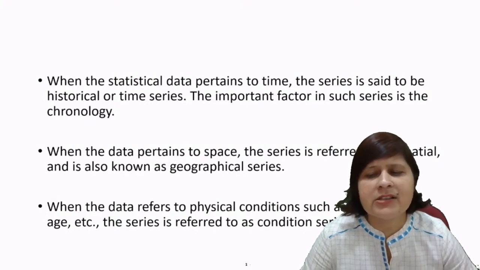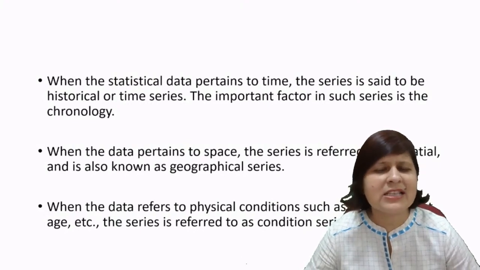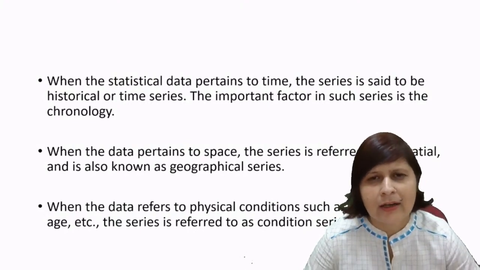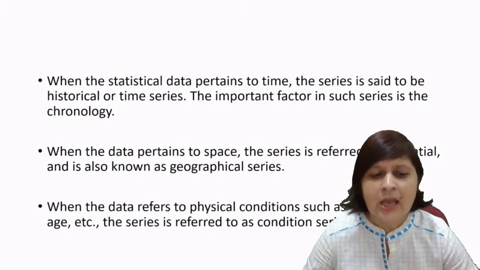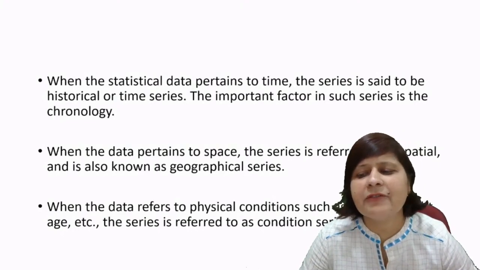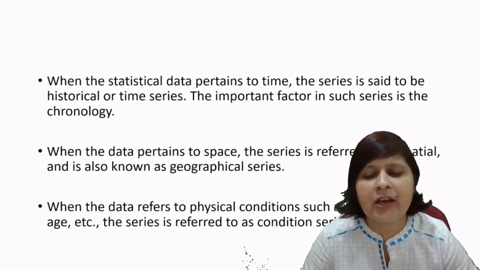The important factor in such a series is chronology. When the data pertains to space, the series is referred to as spatial, and is also known as a geographical series.